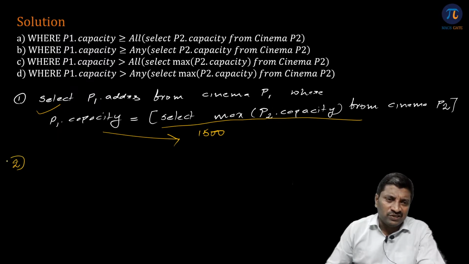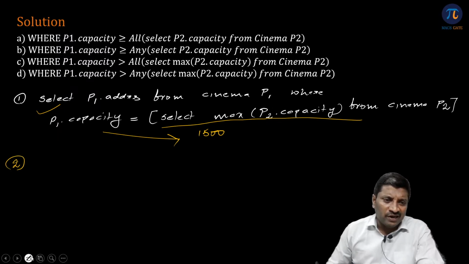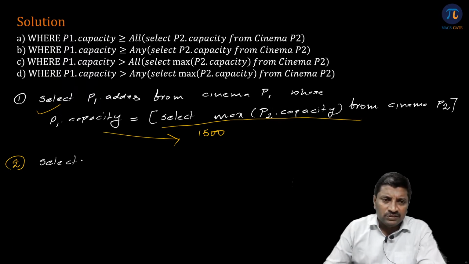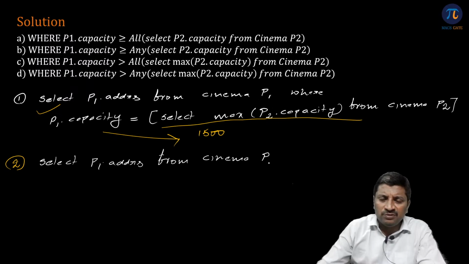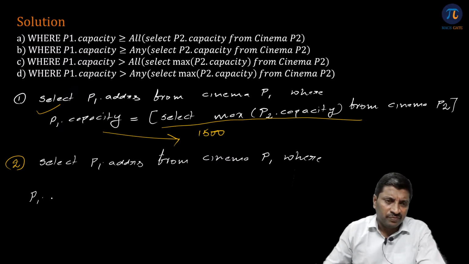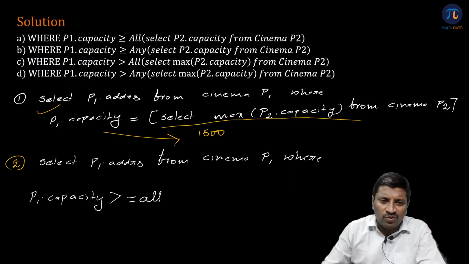Instead of that, what is the second possibility? In the bracket, I need to list out all the capacities. Select P1 dot address from cinema where P1 dot capacity is greater than or equal to ALL.